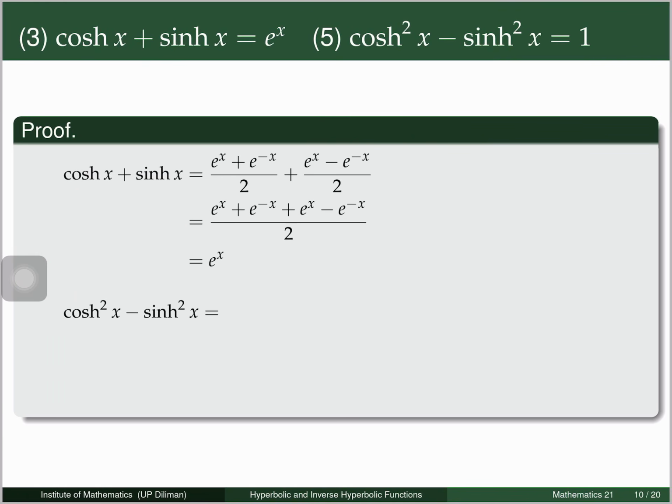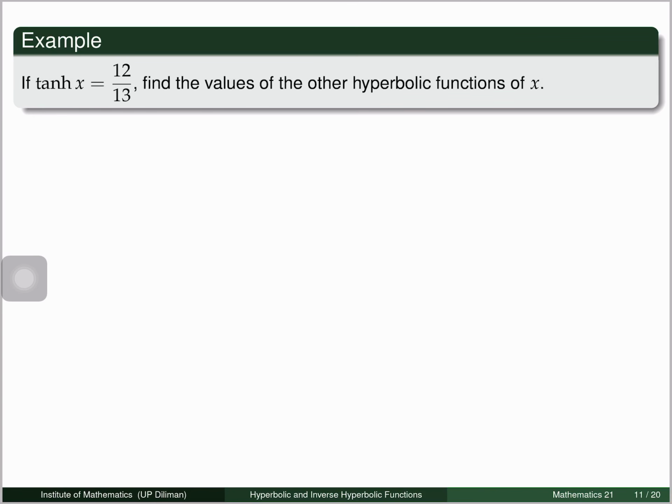I hope na recognize natin that this is a difference of 2 squares. So factoring it out, we get this. And assuming na prove na natin yung isa pang identity na ang cosh minus sinh ay e to the minus x, pwede na natin gamitin yon. So this is equal to 1.